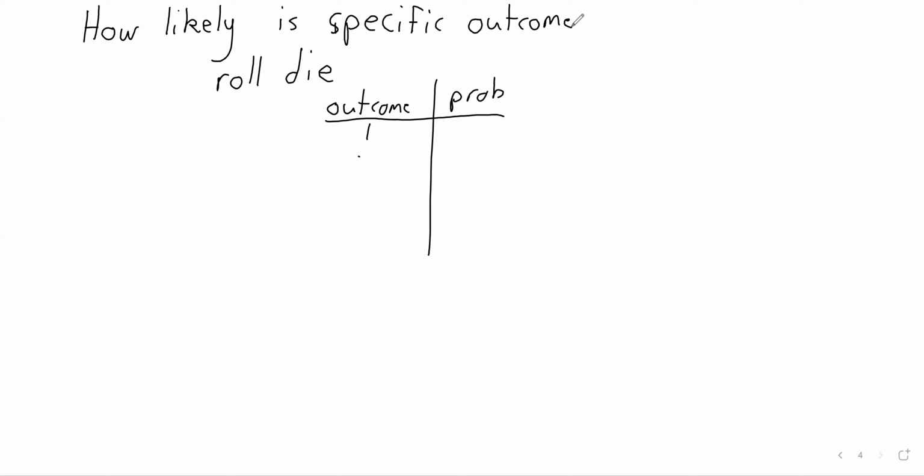So if there are 6 possible outcomes and they're all equally likely, they must all have a probability of 1 in 6. So this is simple. We just make a table. I mean, I say it's simple. If there are 1,000 possible outcomes, then creating a table with 1,000 entries will be extremely cumbersome.